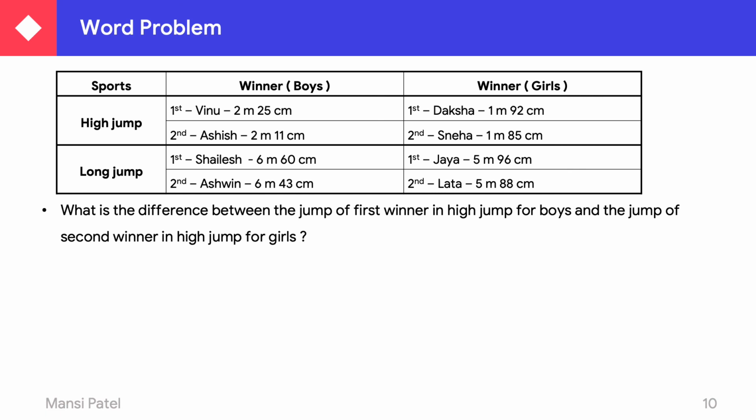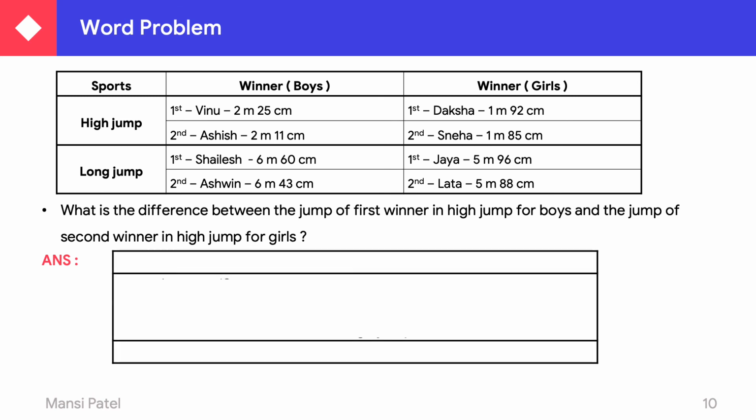In this they are asking the difference, so we have to do the subtraction. But whose subtraction? Please be careful to read this. The first winner in the high jump. Who is the first winner in the high jump among boys? It's Vinu.